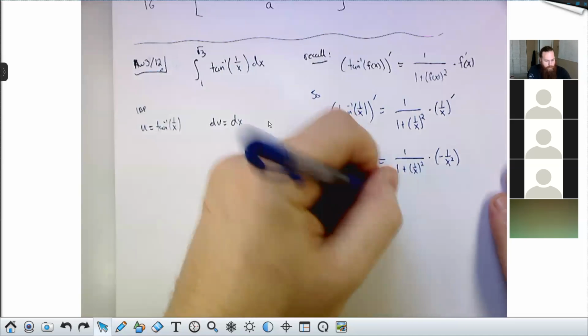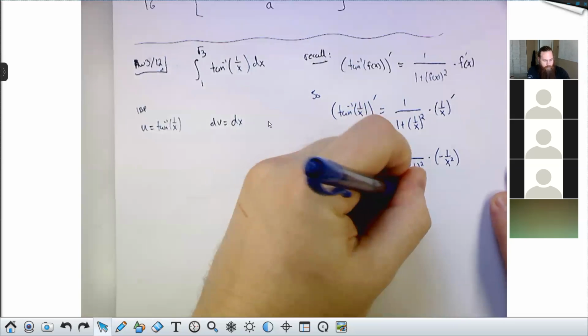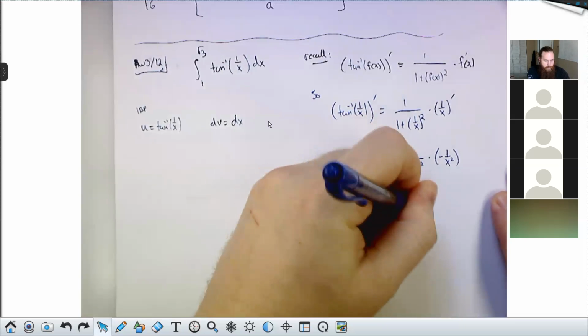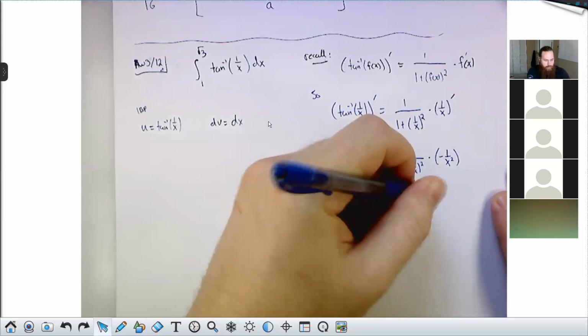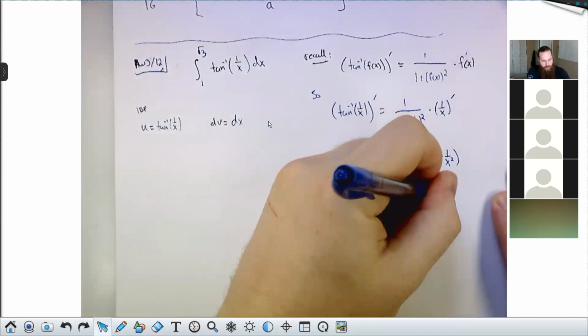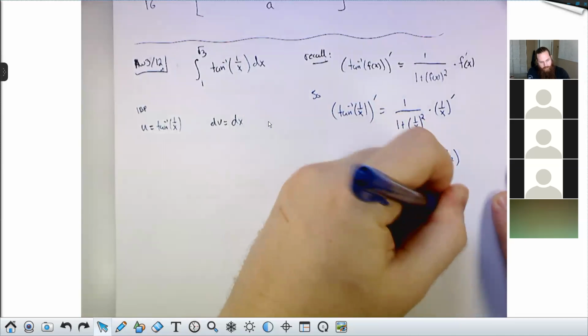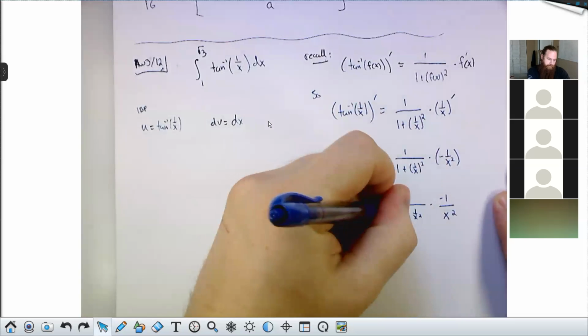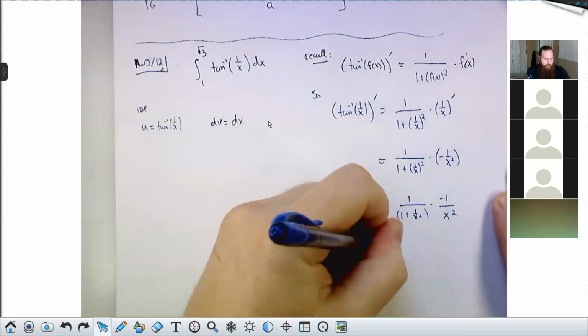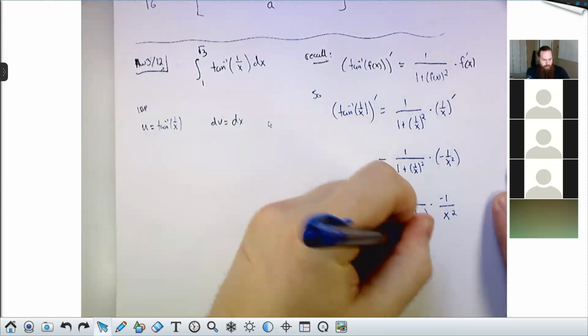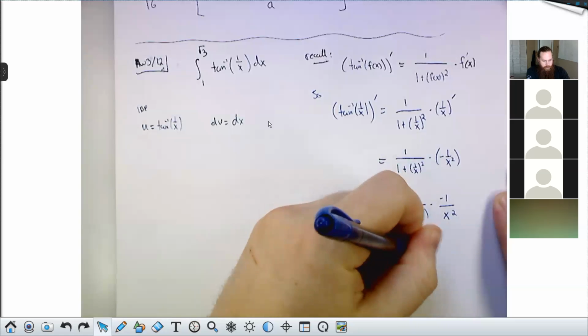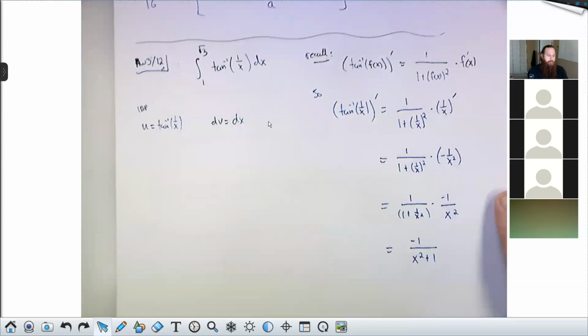And you can clean this up quite a bit. This is 1 over 1 plus 1 over x squared times negative 1 over x squared. And if you multiply those fractions straight across, you'll get negative 1 over x squared plus 1.